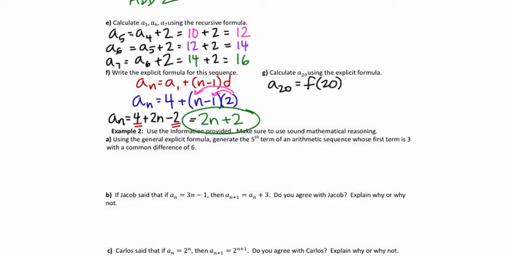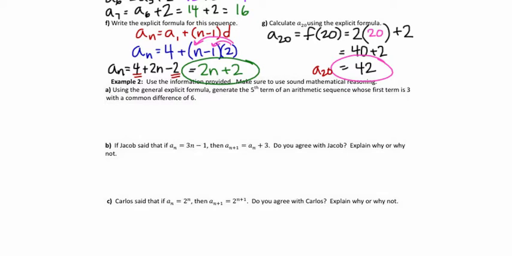So we get 2 times n, where n is going to be 20, plus 2, our common difference, plus 2. 2 times 20 gives us 40, plus 2. Make sure we're following our order of operations. So multiply first, and then finally we can add to get 42. So a sub 20 is equal to 42.